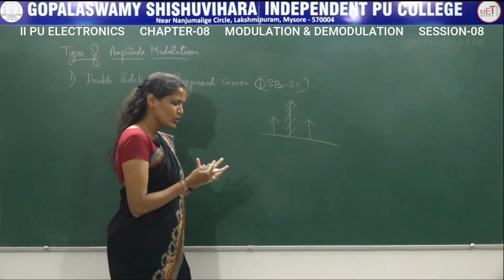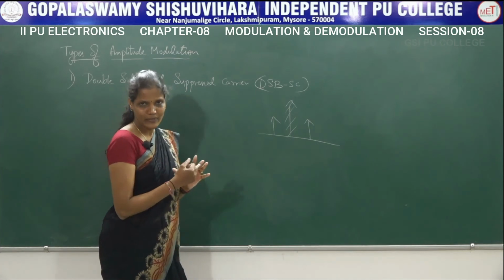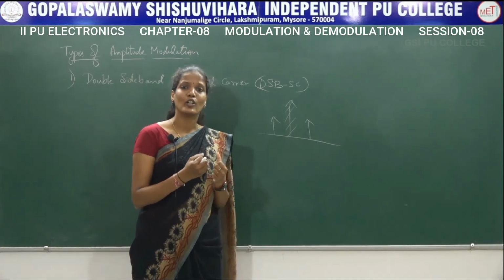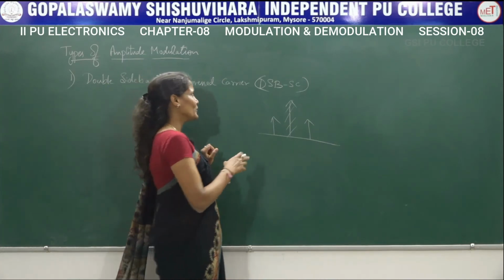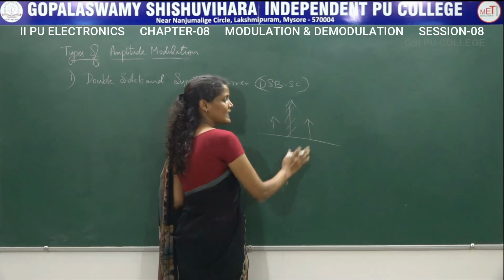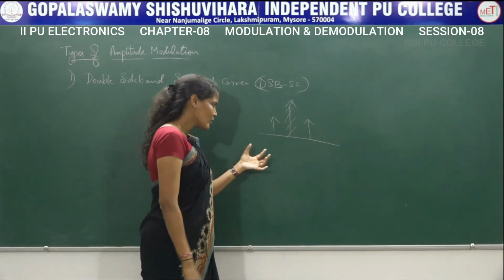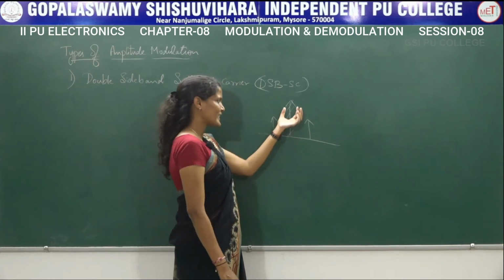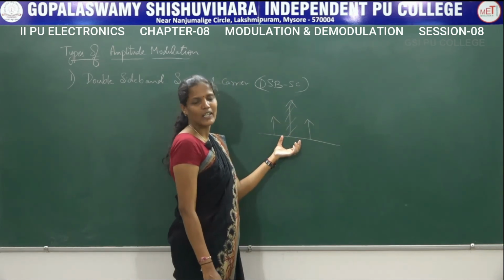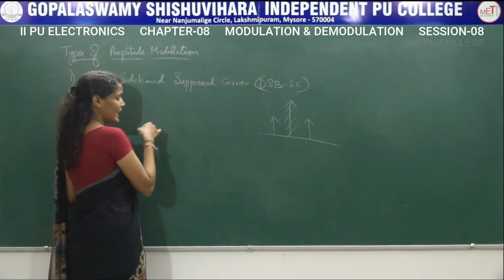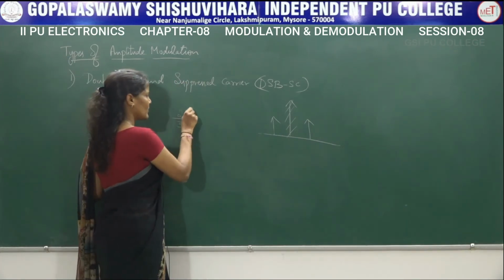So in order to increase the overall efficiency of the system, or to reduce the loss of power, what we are going to do is suppress the carrier power and retain only the sideband components. We are just going to transmit the two sideband components by suppressing this carrier component. By doing this, we will be able to save 2/3 of the total power.